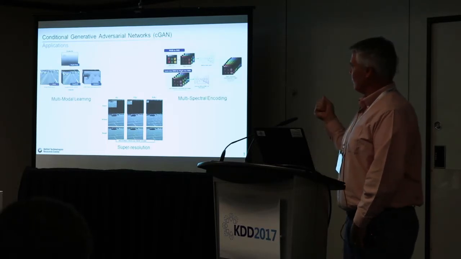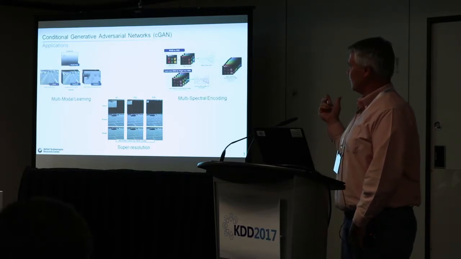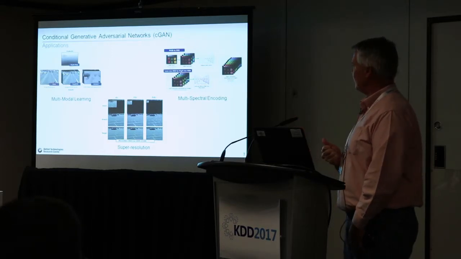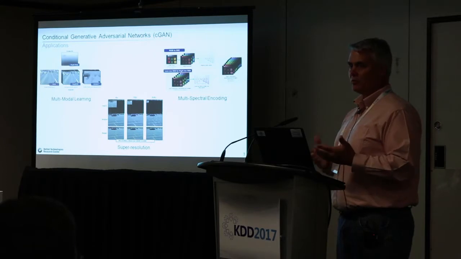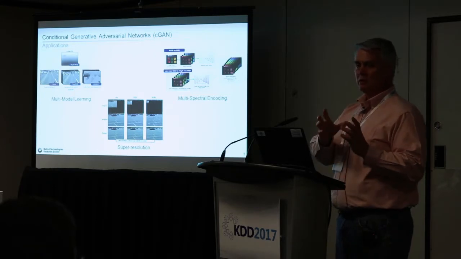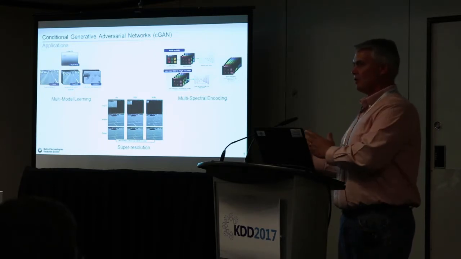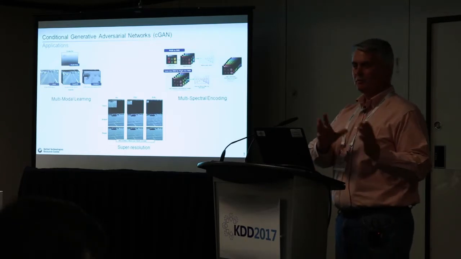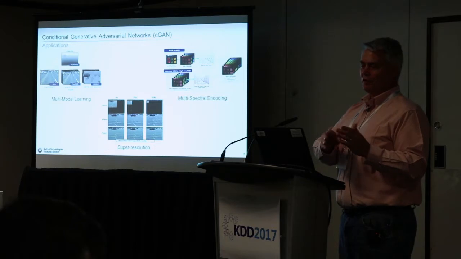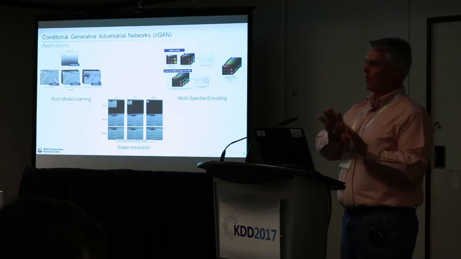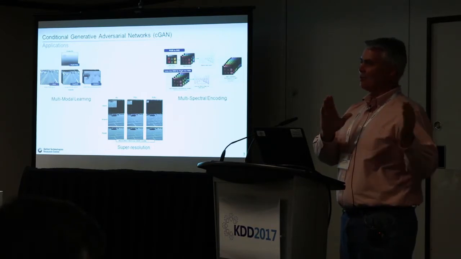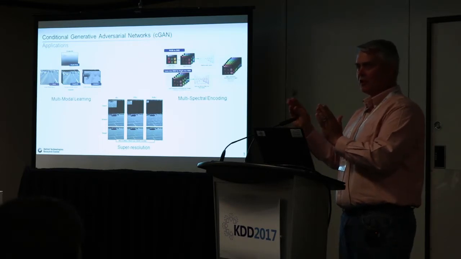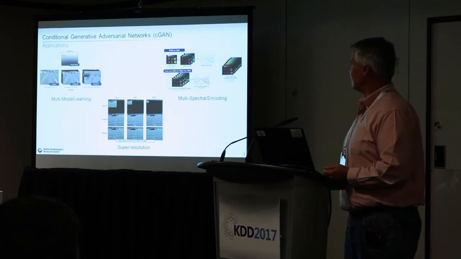And the last one is multispectral encoding, and we have a number of applications where we have multispectral images or hyperspectral images. For those of you who aren't that familiar with the difference, multispectral is usually fewer and, I guess, overlapping frequency windows, and hyperspectral usually have a large number of very specific channels for your images.